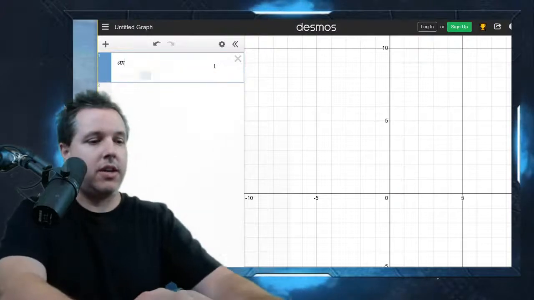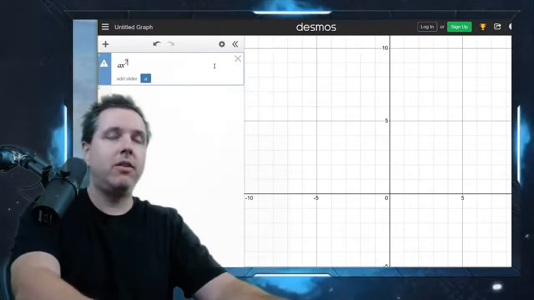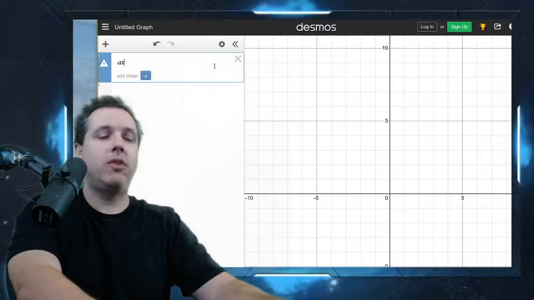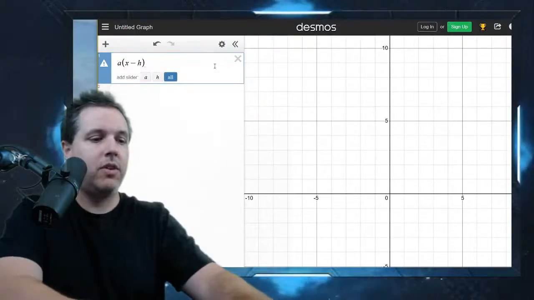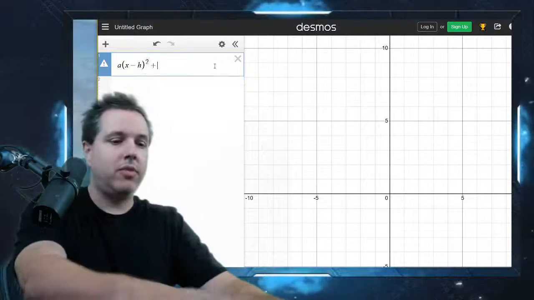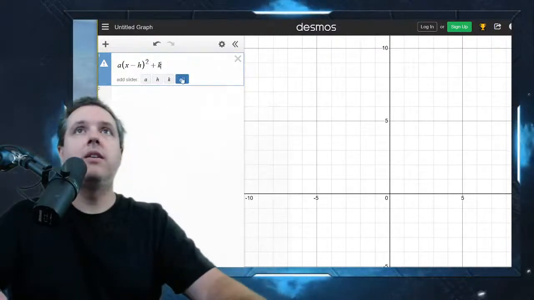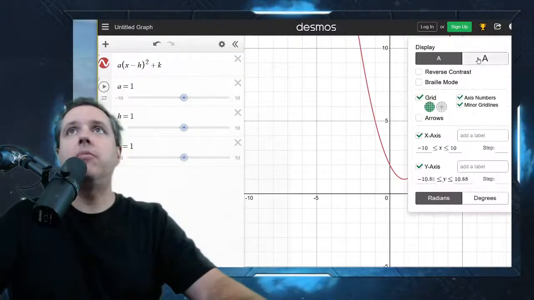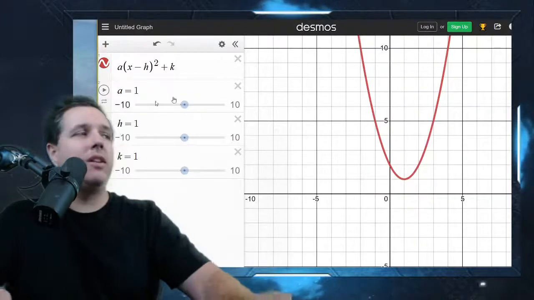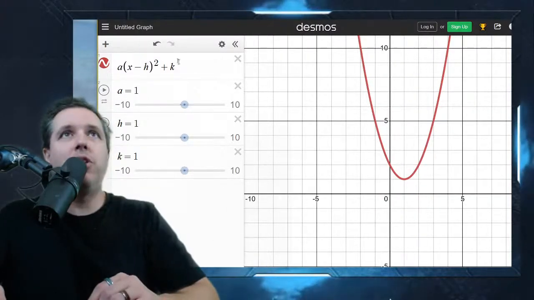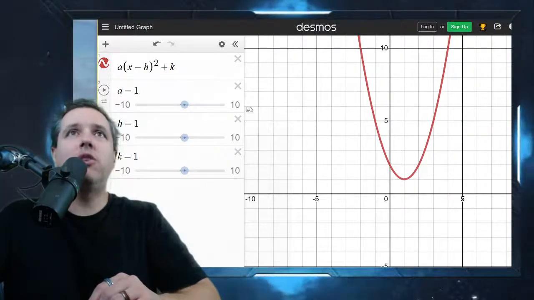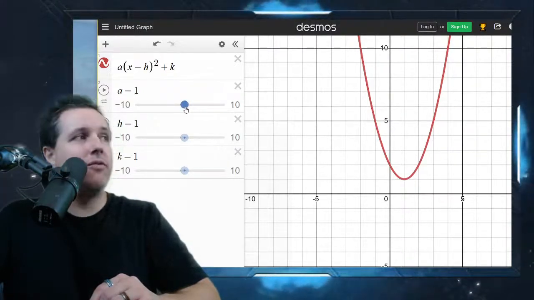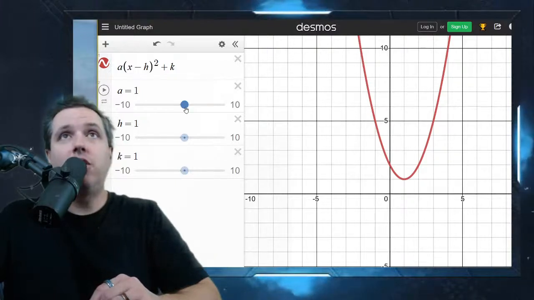Let's see, ax squared. Let's do it this way: a(x minus h) squared plus k. Add all these in here and make it bold. You can take a quadratic equation and put it in this form, but we're not going to get too into that. Watch this quadratic function we're looking at here.